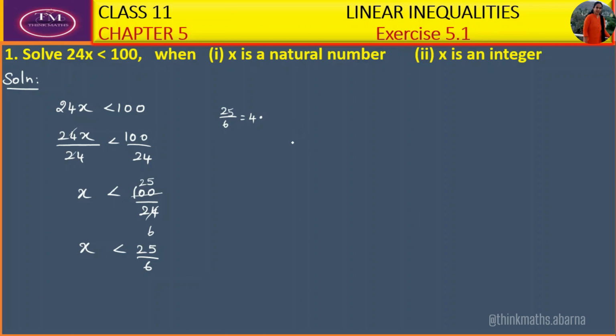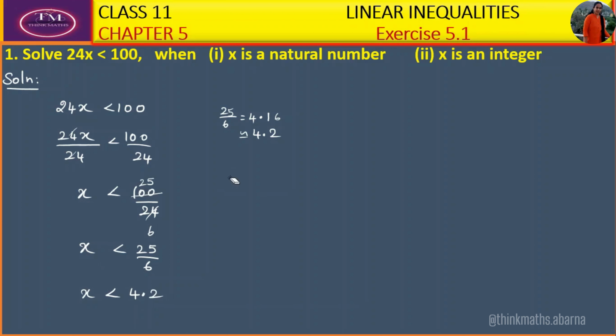So it is point. As we are adding a 0, put a point. So 4 point, as the balance is 10, 1 6 is 6. So the balance will be 4. So 40 means 6 6s are 36. So it is approximately equal to 4.2. Okay, so x is less than 4.2.